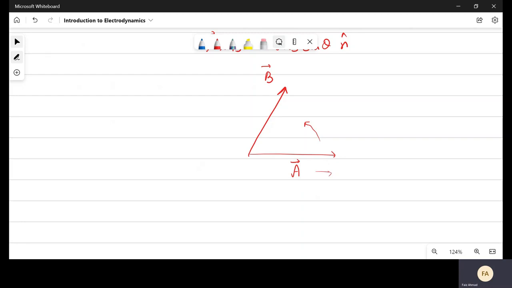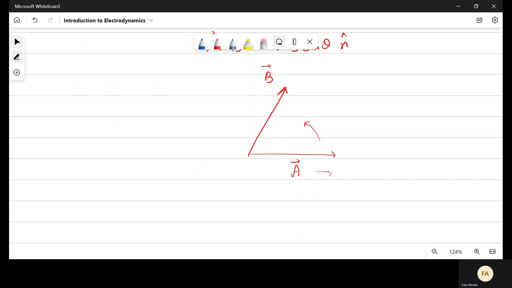So in this case, if I put my fingers in the direction of A and curl my fingers to B, then the direction is outward normal. And if I take from B to A, which will be not A cross B, it will be B cross A. So my fingers curl towards the vector A, and then my thumb is pointing downward. So in that case, the direction of the normal is downward.